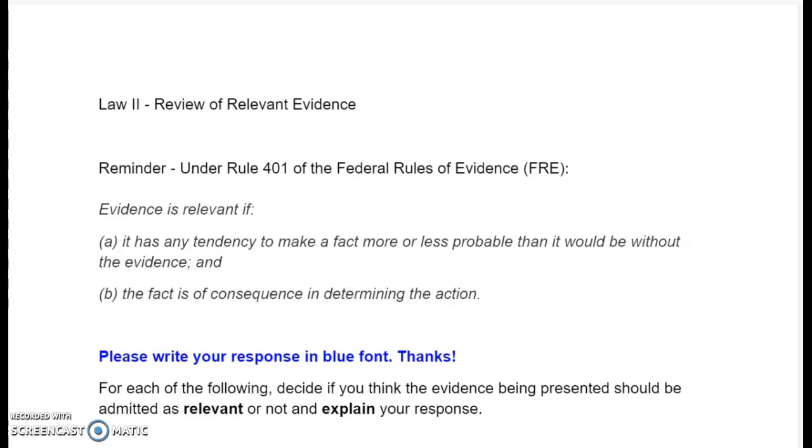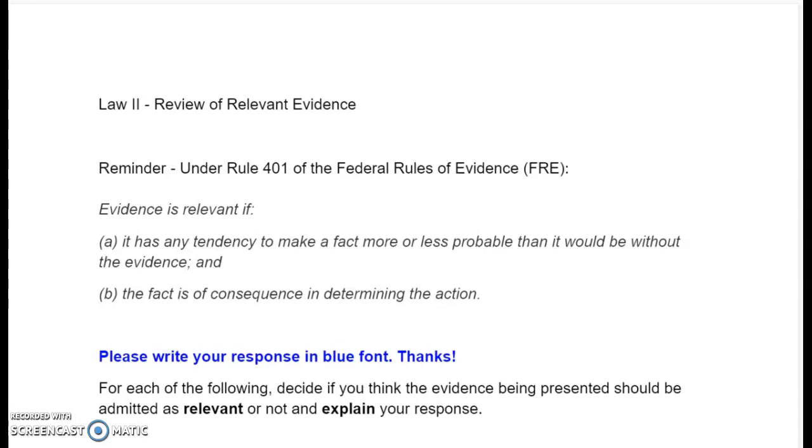So let's say you have someone that has been beaten up and you've got pictures of the victim and their injuries. Would that be relevant? Yes, that would be relevant evidence. Showing the injuries that this person sustained in an attack would be relevant. Now, let's say that the prosecution wants to spend 2 days having the jury look at 600 pictures showing the victim from all different angles.